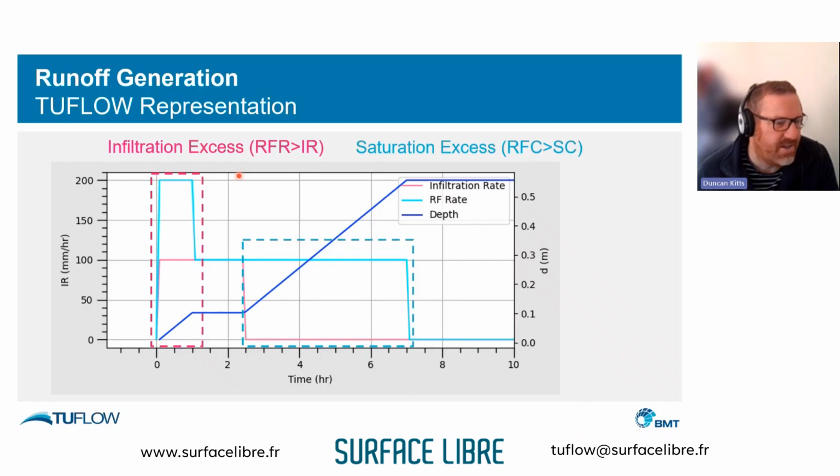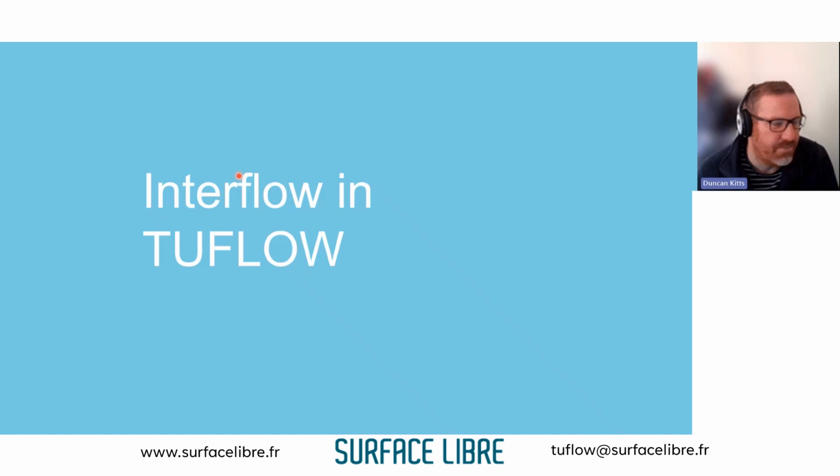But the big question is, what happens with the infiltrated flow? Traditionally, this would just be lost to the model domain. But that's where interflow comes in, because we can now start to track that. It could further infiltrate into the soils, or it can now move horizontally.